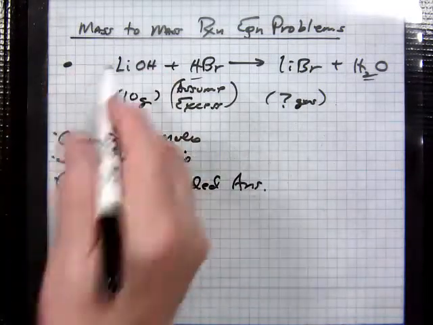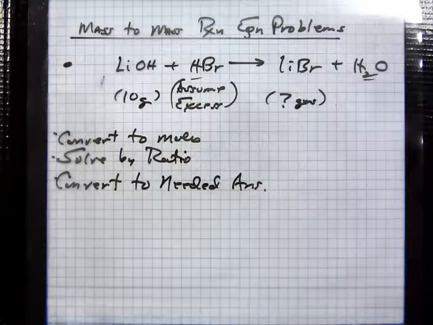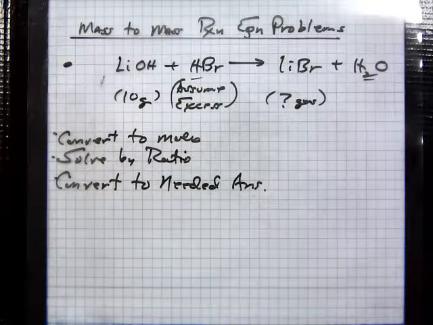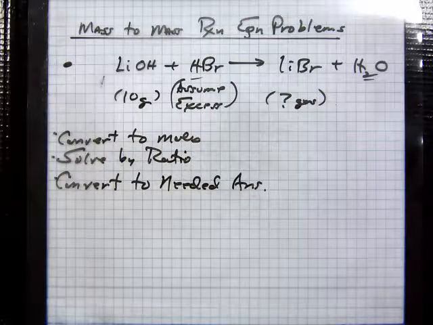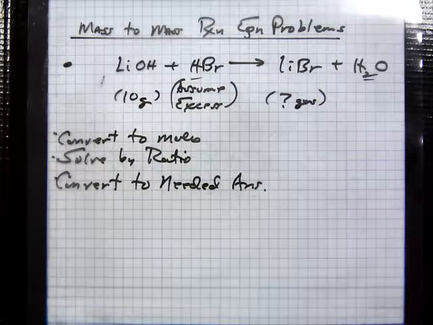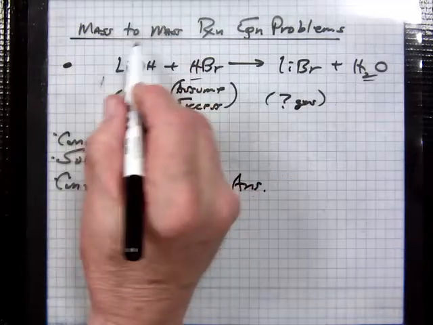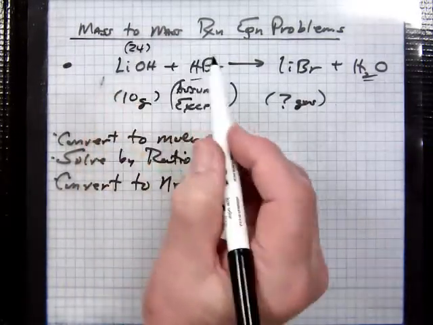Okay, we need the formula weight of lithium hydroxide. A lot of this stuff I've documented. Oh, there it is. Lithium hydroxide is 24 atomic mass units.